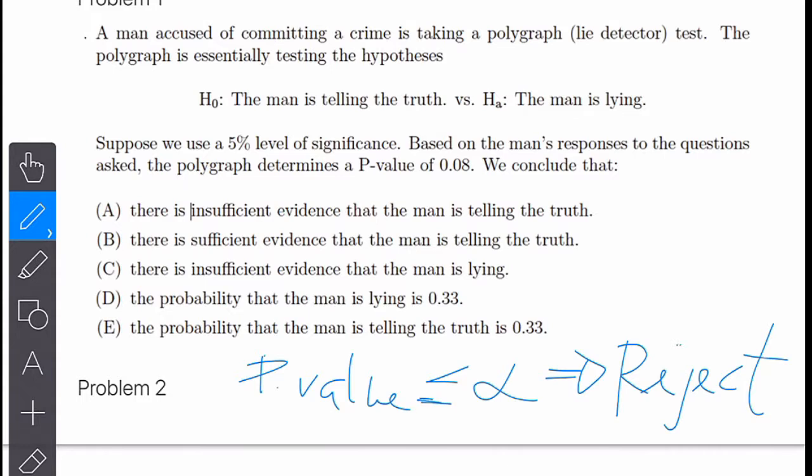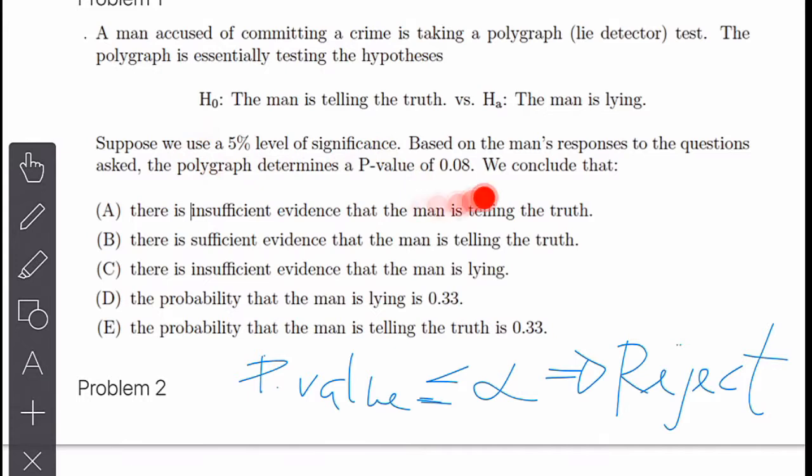Remember, we're saying, how strange is it that we got the value that we got? What was the chance of seeing the value that we did get? The chance of seeing it was computed to be 0.08 or 8%.